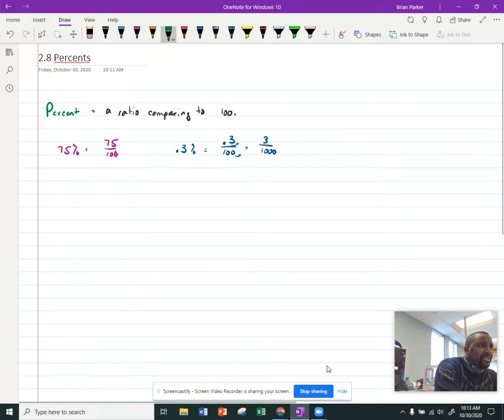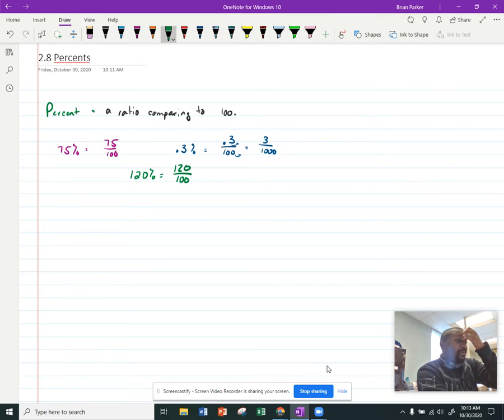Or what if we said 120%? That would be 120 over 100. So percents are just ratios that compare one quantity to 100 all the stinking time.